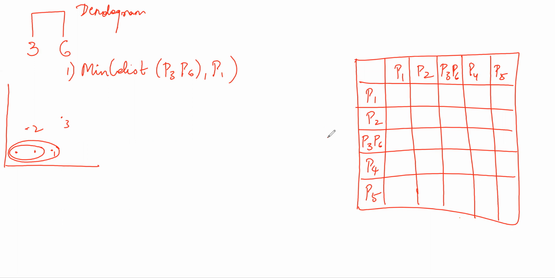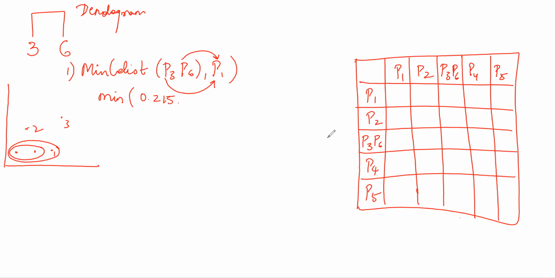How do I do that? I already know the values. I'll take from P3 to P1 what is the distance, from P6 to P1 what is the distance, and I will take the minimum out of it. We calculated the distance matrix table yesterday, the first table. What was the distance from P3 to P1? 0.215.